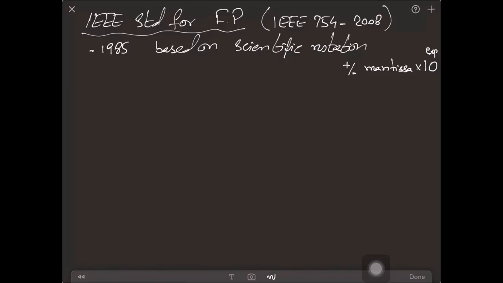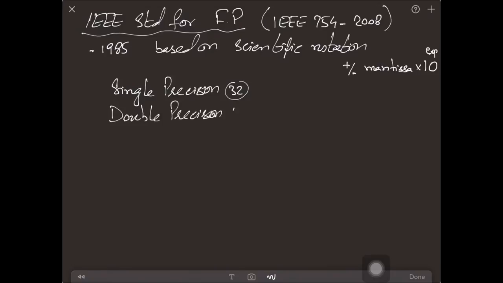As far as the storage layout is concerned, we have single precision, which is of 32 bits. We have double precision, which is of 64 bits. We do have quadruple precision, which is of 128 bits.